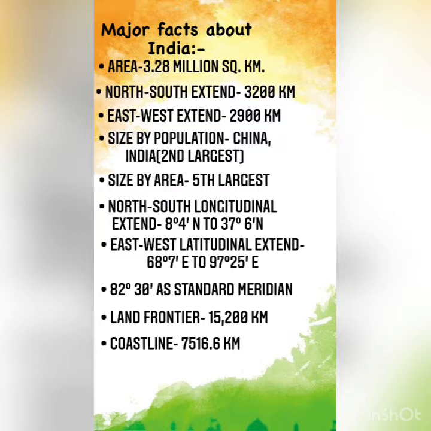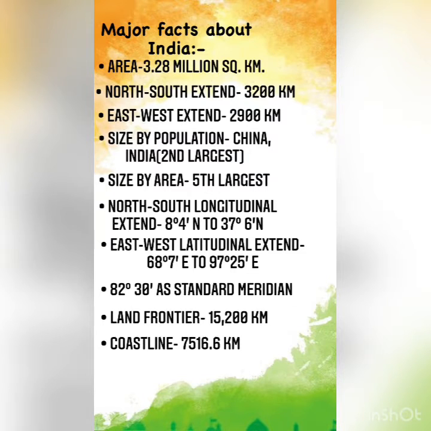Next is east-west latitudinal extent. That is 68 degree 7 inch east to 97 degree 25 inch east. It shows that India lies in the eastern hemisphere. Next is 82 degree 30 inch has been taken as standard meridian. Next is land frontier. It means what is the length of outer boundary of India?